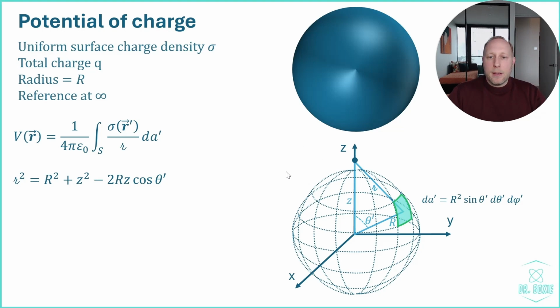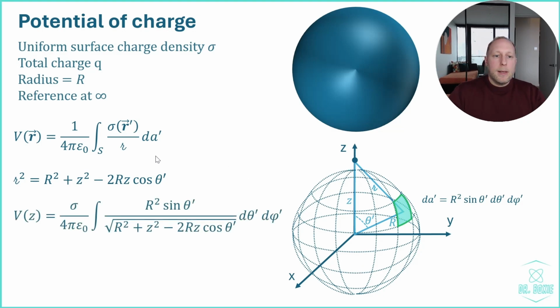On this light blue triangle, we can use the law of cosines, which tells us that curly r squared is equal to capital R squared plus z squared minus twice capital R times z times cosine of theta prime. We can plug this into the integral, both this and dA prime, and we get this expression where, because we have a uniform surface charge density sigma, it can be taken out of the integral, and we get a double integral here.